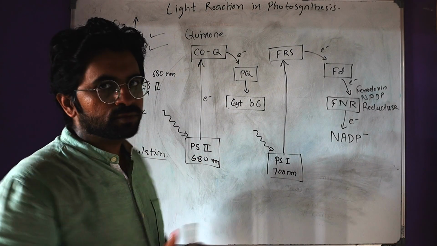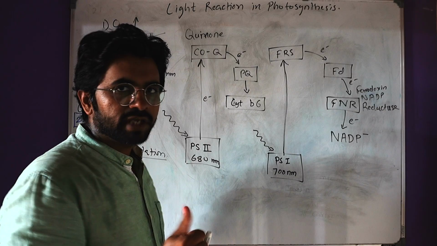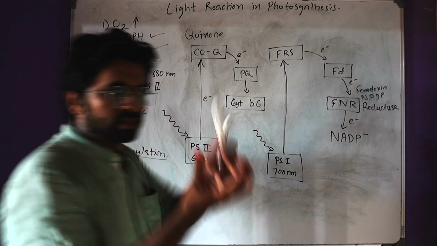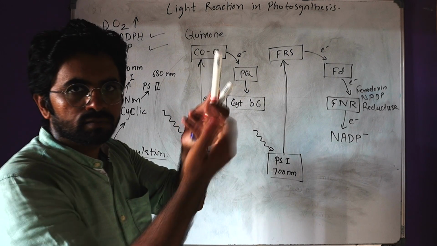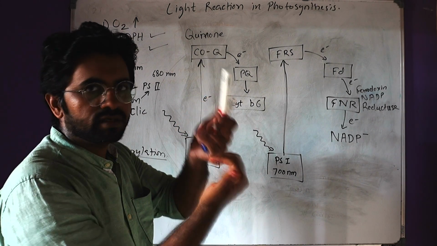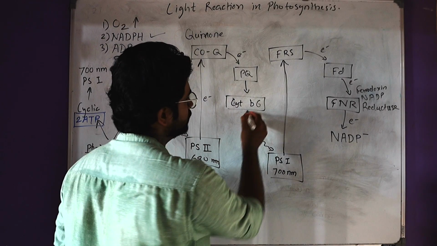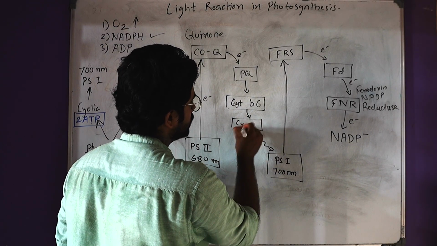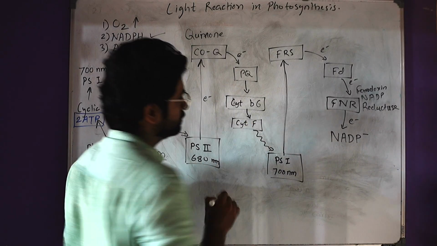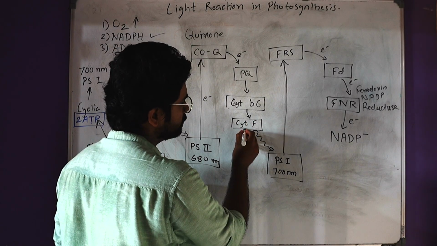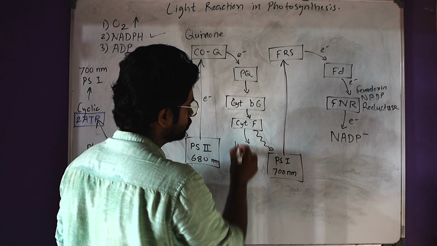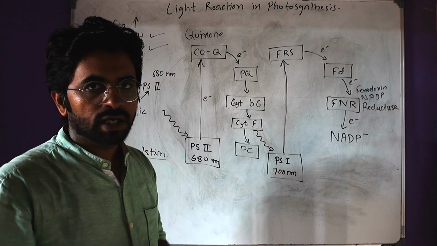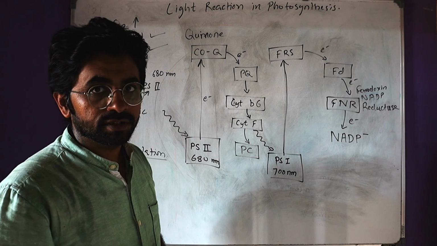In some reference books, B6F can also be directly mentioned, and in some books there can be two different molecules shown, like B6 and separate F. So from B6 it goes to cytochrome F. From cytochrome F it again goes to plastocyanine. Highest affinity or lowest affinity?